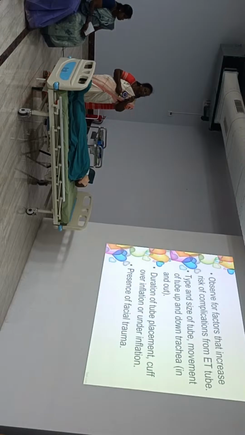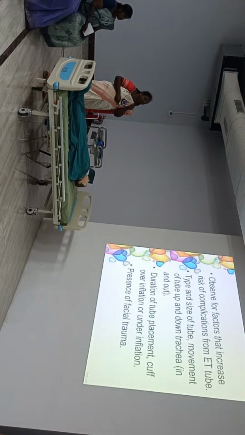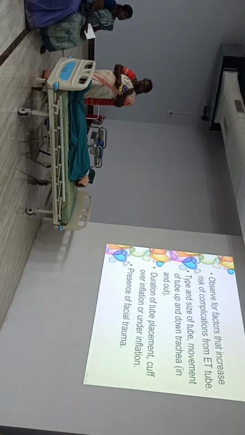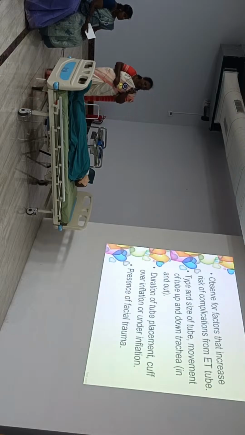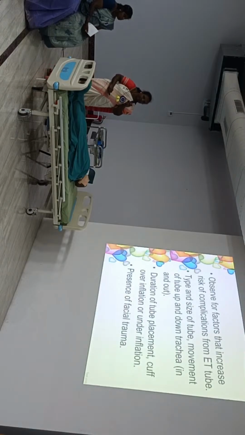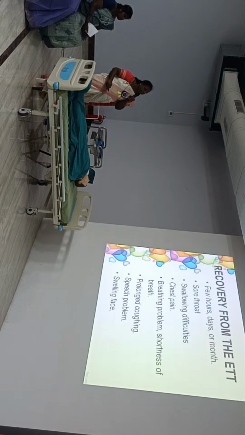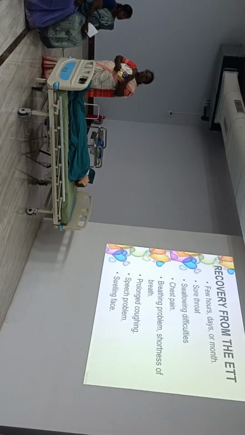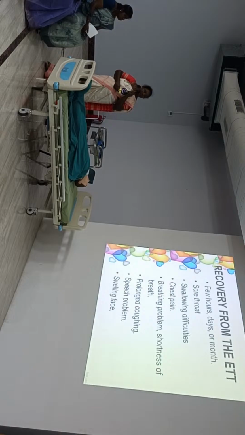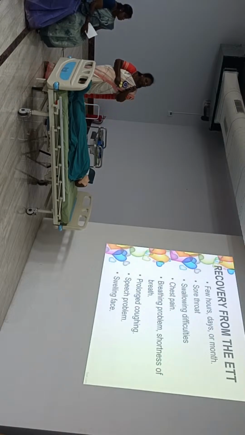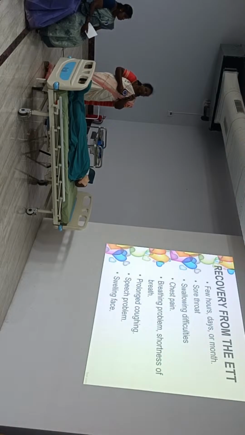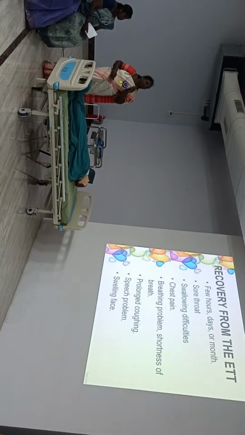Observe for factors that increase risk of complications from the ET tube: type and size of tube, movement of the tube up and down the trachea, the duration of tube placement, cough, overinflation or underinflation, presence of facial trauma. The recovery may take a few hours, days or weeks, depending upon the patient's condition. So sore throat, swallowing difficulties, chest pain, breathing problems, shortness of breath, prolonged coughing, speech problems, and face swelling can also be expected.